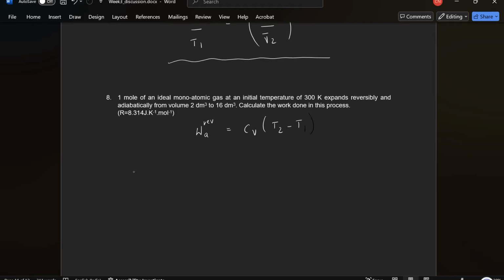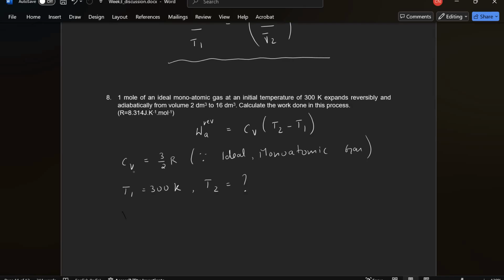So what are the things that we have? CV, since it's an ideal monatomic gas, is going to be 3 by 2 R, because it is ideal and it is monatomic. Now we have T1, which is equal to 300 Kelvin, but we do not have T2.